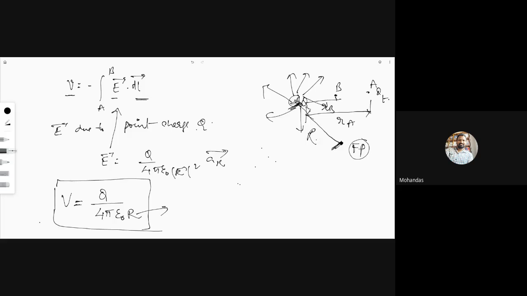This is the distance R. So V, the electrical potential at a point A, can be written as Q by 4 pi epsilon naught into RA, at a distance of RA here.